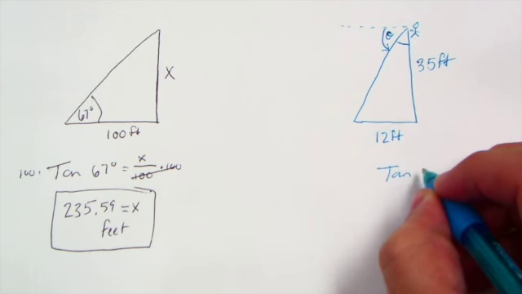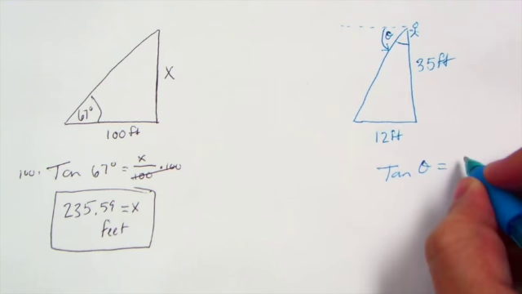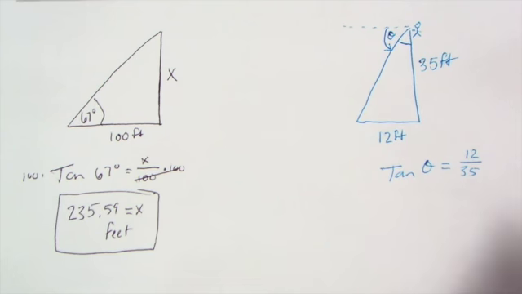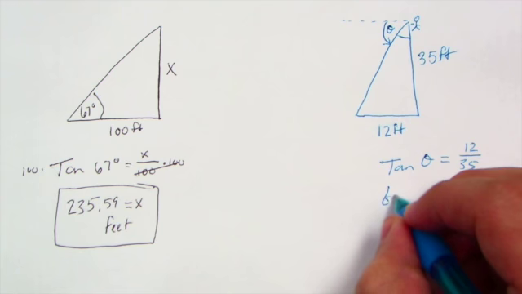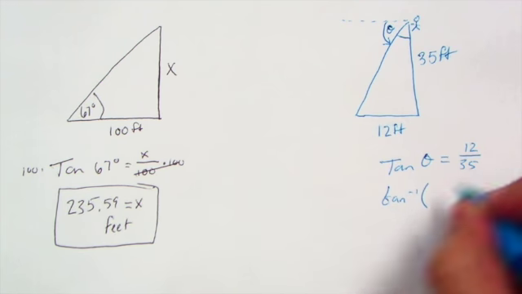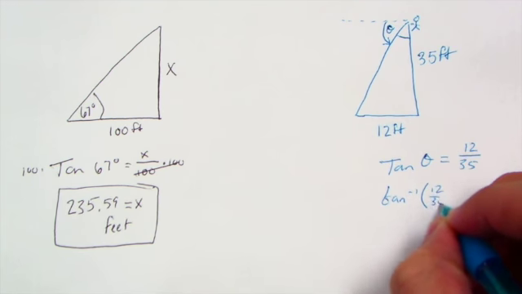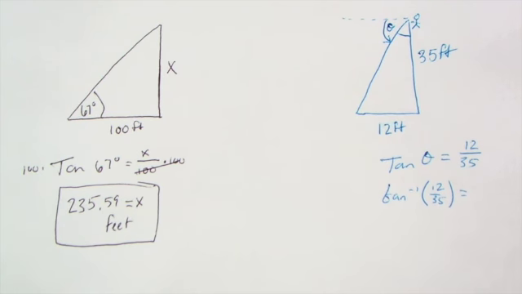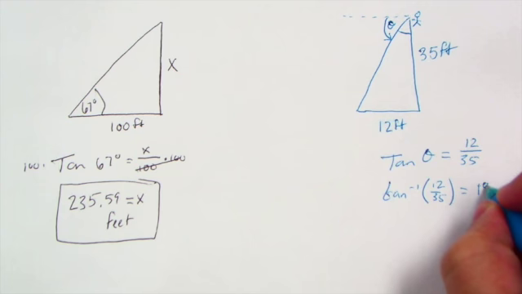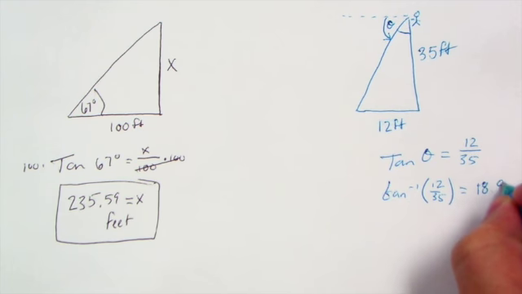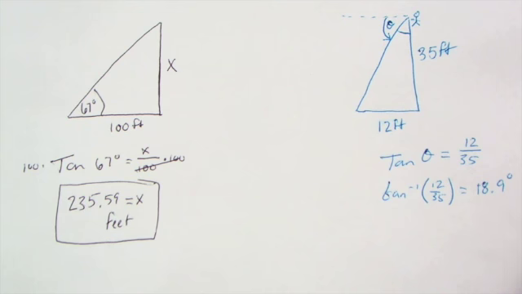So tangent of theta, because I don't know the angle, is opposite over adjacent. Now remember how we do this. When we're given the sides but not the angle, you have to use tangent inverse. So tangent to the -1 of 12 over 35 equals, so I'm going to put that in my calculator. Tangent inverse of 12 divided by 35 is 18 point, we'll just round to 1 decimal place here, 18.9 degrees.